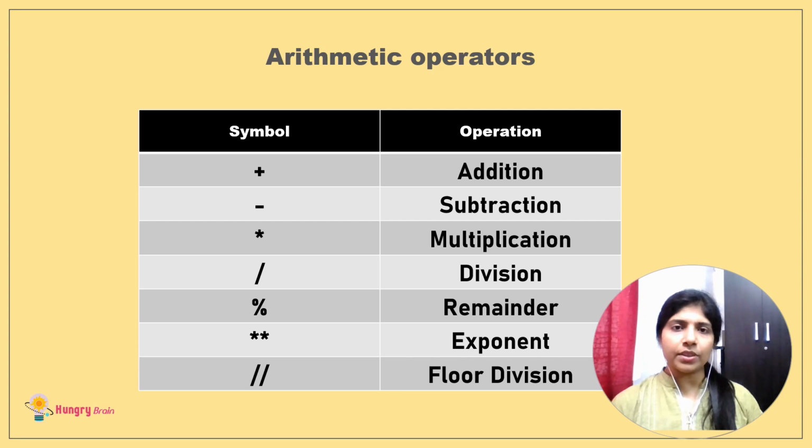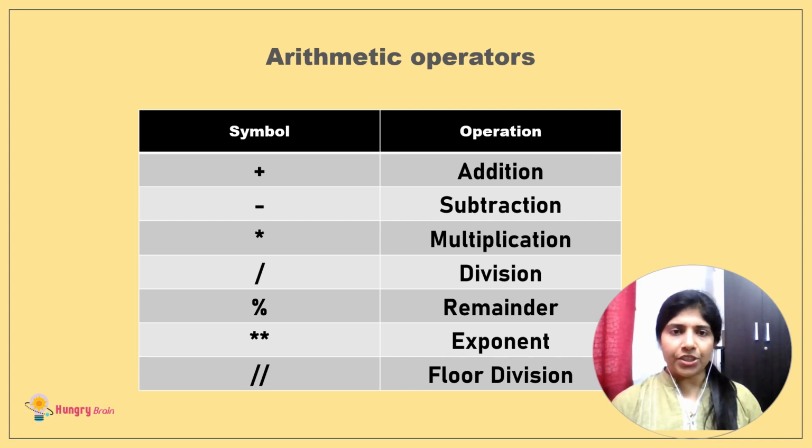Let us look into the arithmetic operators of Python now. Look into the table. The first column of the table represents all the symbols which are permitted in Python, and the second column represents all the operations represented by the symbols given.